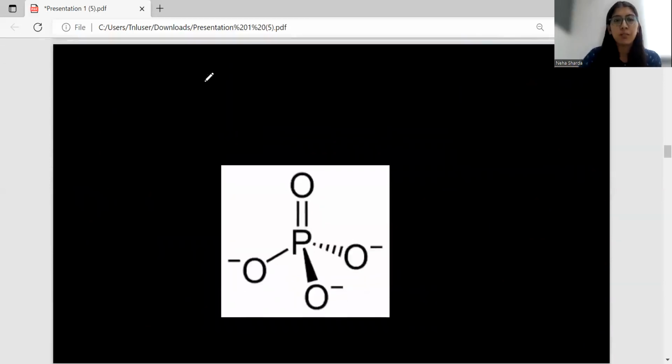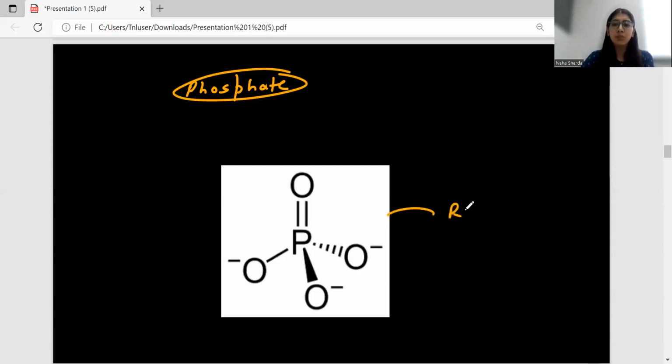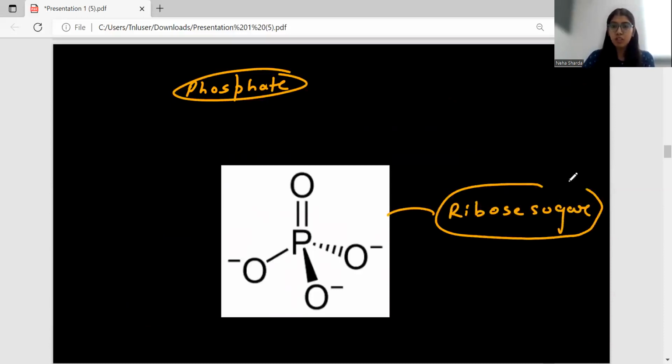Next is phosphate. Third is phosphate. So this phosphate will attach with ribose sugar. And this phosphate and ribose sugar make the sugar phosphate backbone in DNA.